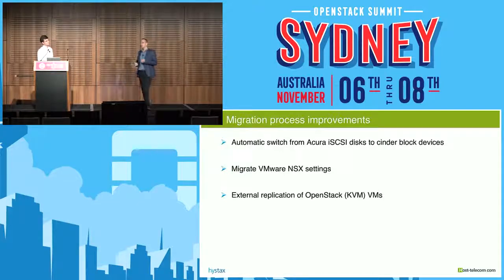The next thing is to replicate and recreate VMware NSX settings. We want to provide a way to recreate load balancers, firewalls, VPN connections, and things like that. Currently we don't support that, but we are focusing on it.